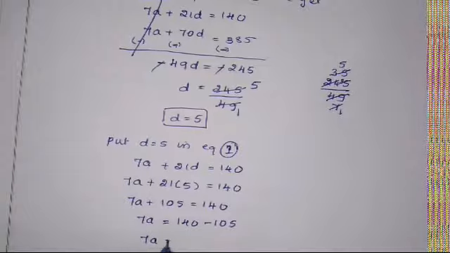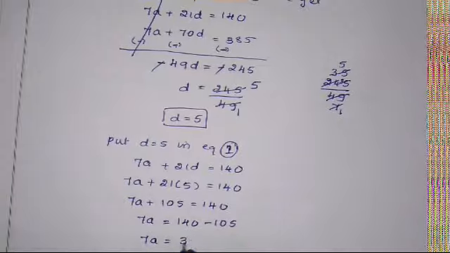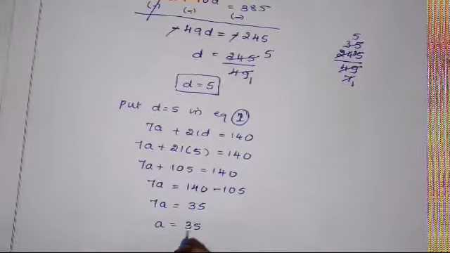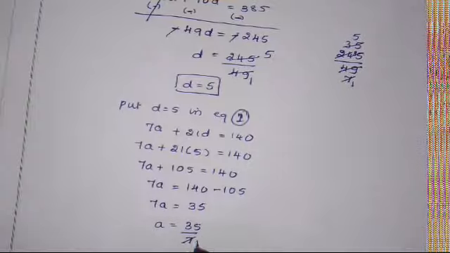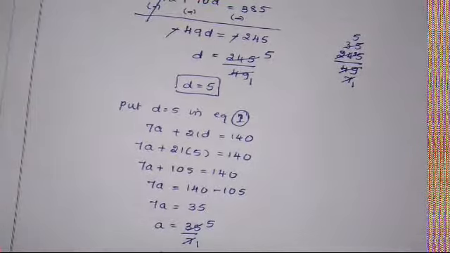So 7A is equal to 140 minus 105, which is nothing but 35. A is equal to 35 by 7. 7 fives are 35. So the A value we got is 5.